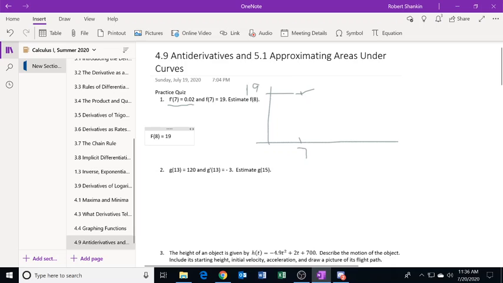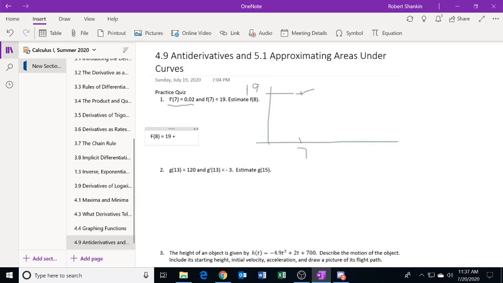Now, the slope represents the change in the output, the change in f, every time the input increases by 1. So when the input increases by 1 from 7 to 8, if the derivative was 1, then the output would also increase by 1. If the derivative was 2, then every time the input increased by 1, the output would increase by 2. But the derivative is 0.02.